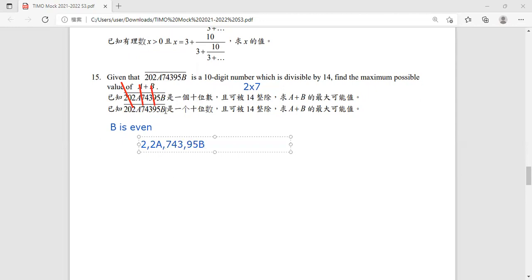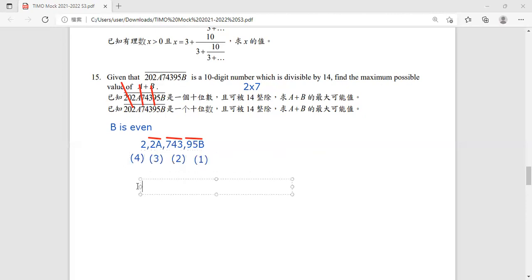Of course it's a number, so I have to put a bar over it. Then split into groups. This is group 1 from the right hand side, this is group 2, this is group 3, and this is group 4.